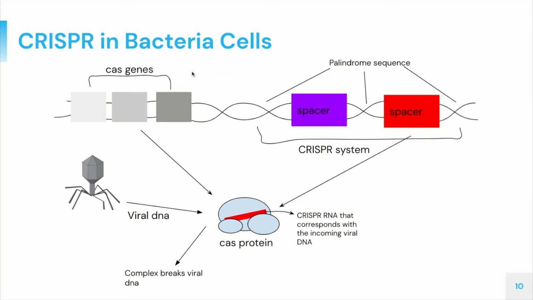So this is the CRISPR system in bacteria cells. To the left, you can see the Cas genes, which produce helicases and nucleases. And to the right, you see the CRISPR system.